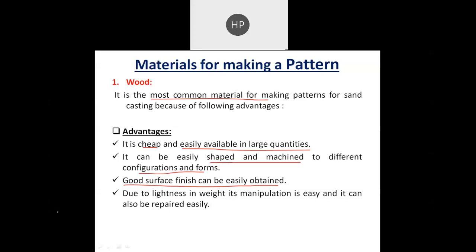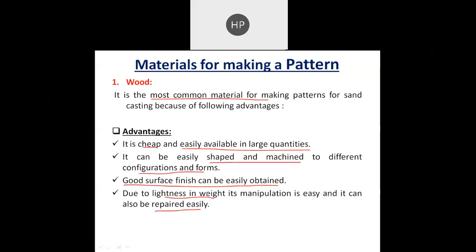Then due to lightness in weight, its manipulation is easy and it can be repaired easily. Generally dry wood is very light in weight, so if you want any alteration in the shape, you can easily do it.